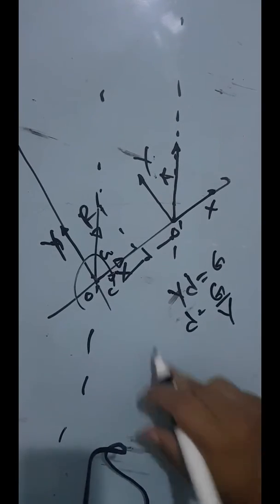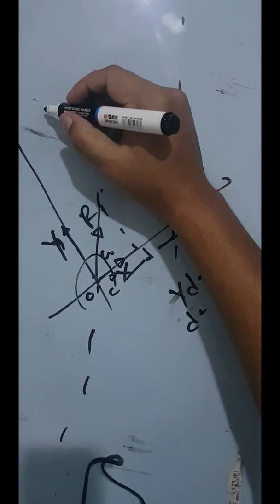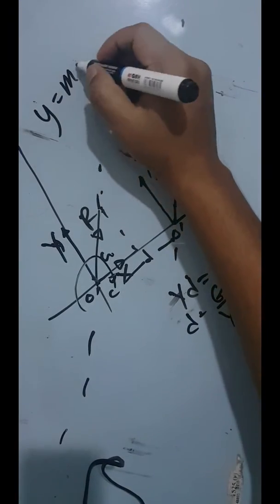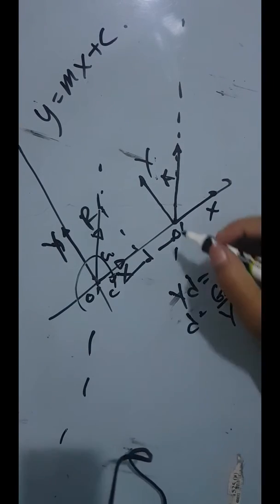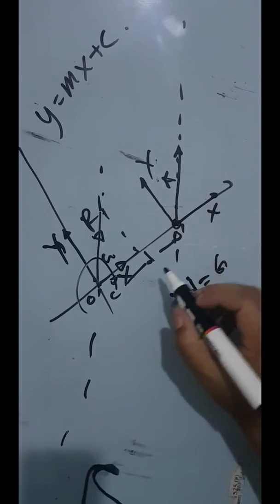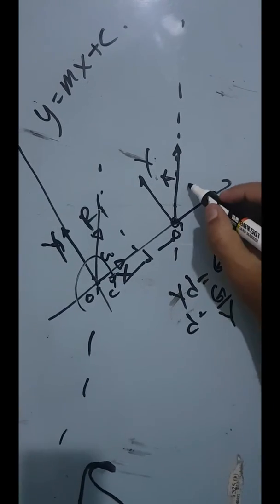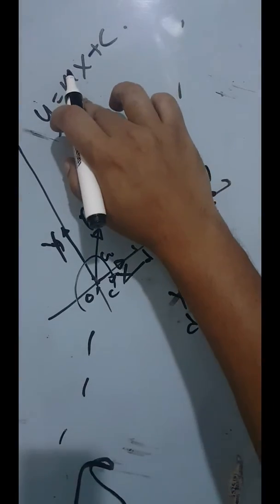Now what is the form of the equation? Equation is y equals mx plus c. Now we know this point. What is this point in the Cartesian coordinate plane? The x value is d and the y value is 0. Let's substitute it here.